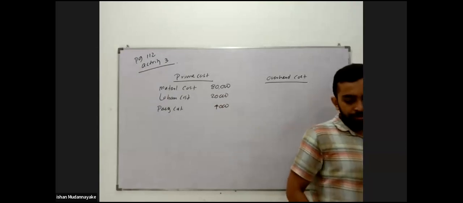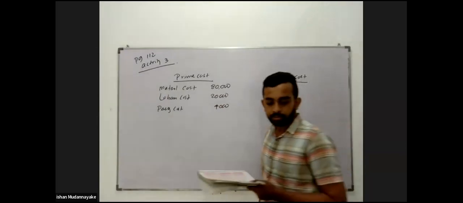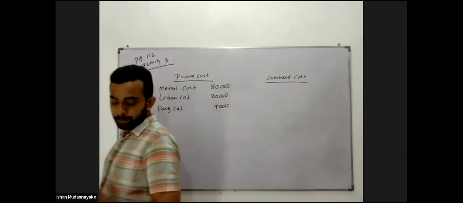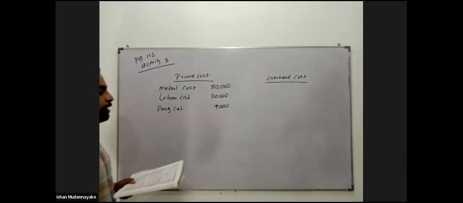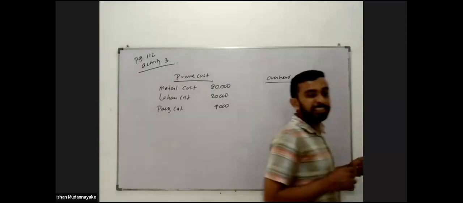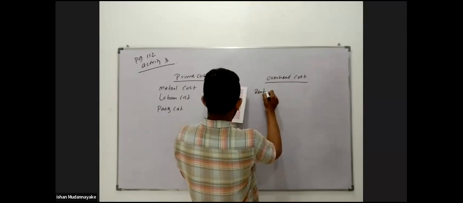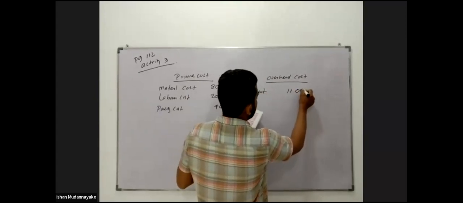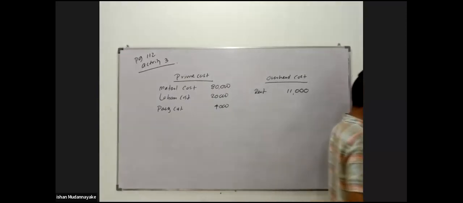How to classify factory rent? Overhead cost. Yes, overhead cost, indirect cost. Here, factory rent 11,000 under overhead cost, indirect other expenses.